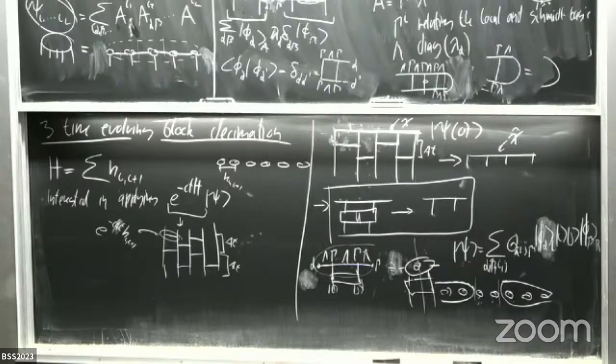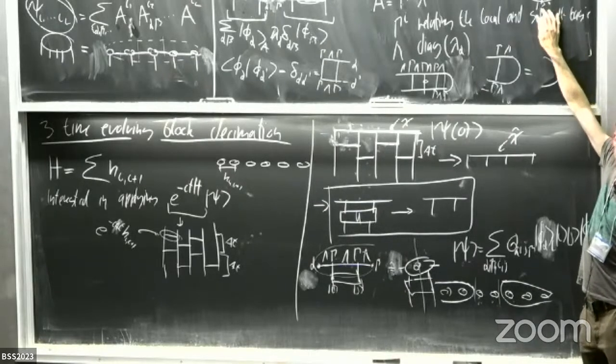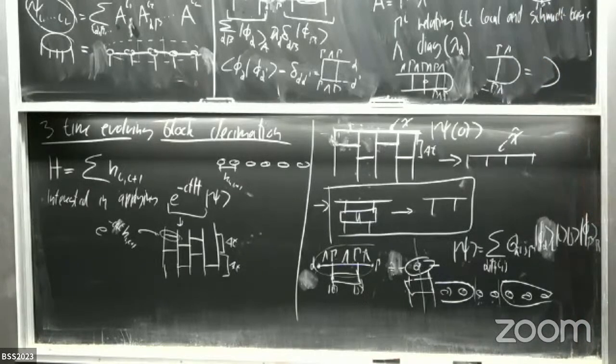For example, for a site expectation value, this is exactly the type of diagram that I've plotted here. It's just using properties of this canonical form and calculates the local expectation value of the S_z operator, for example. And then there's a function which is just returning the entanglement entropy, simply using the Schmidt values and calculating from the Schmidt values the entanglement entropy.